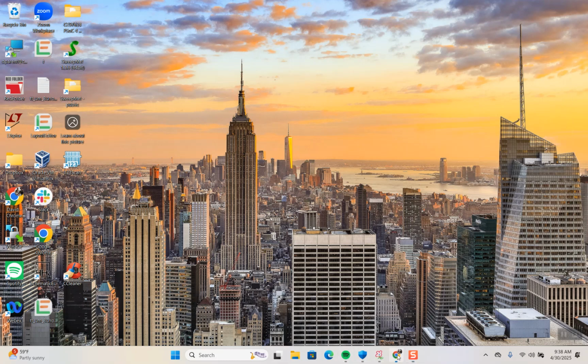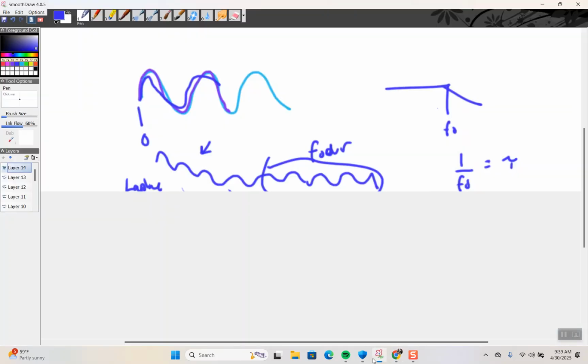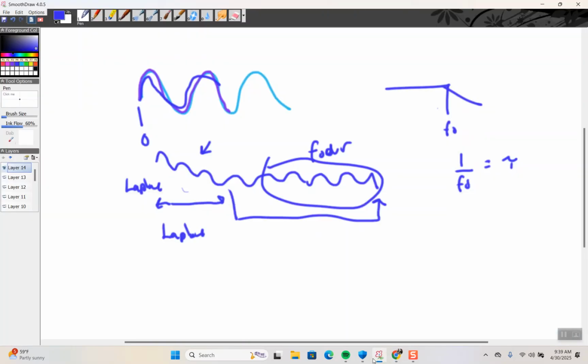Okay, let me say it differently. A step response is Laplace because it does not exist and then it exists. A sine wave is always there. So if you look here, it's 0, it doesn't exist.